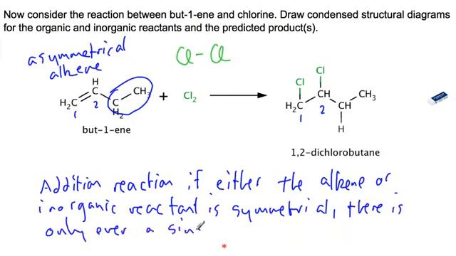So you want to look for that symmetry in either reactant, because if you have some, it makes life a lot easier in terms of predicting the products. I mean, you're not really predicting, you're just writing down the product.